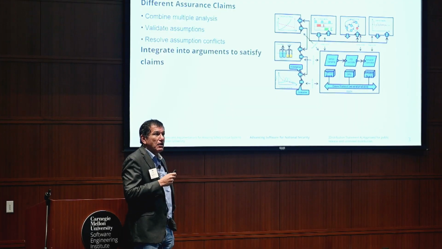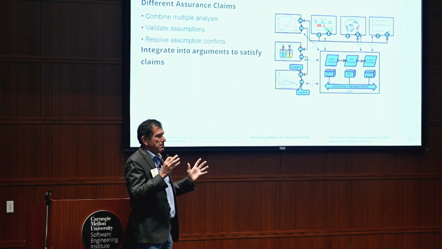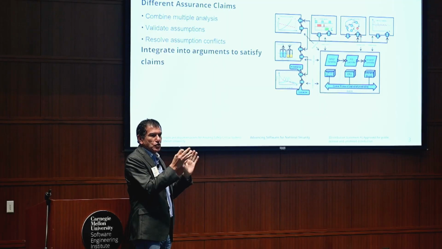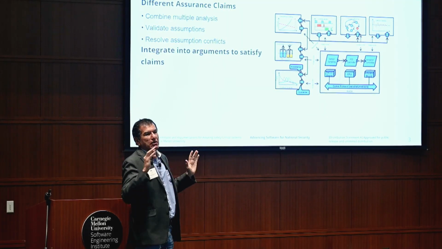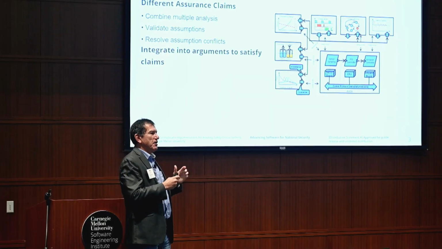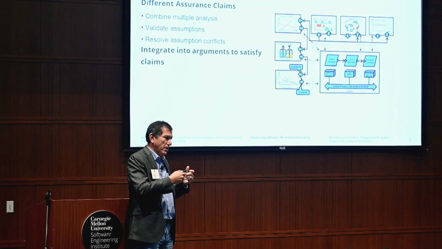For instance, when I develop models for timing, what do I care about the software? I only care about the worst case execution time, how long it takes to execute. Do I care about the value that is being produced? No, I don't care. It will finish on time, even with the wrong value, because I abstract that away.